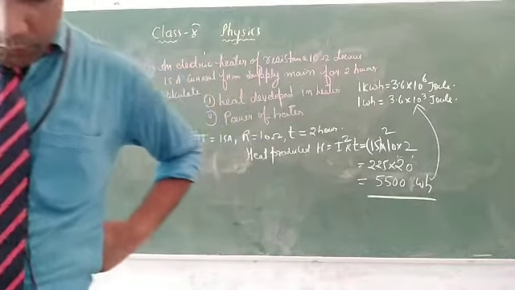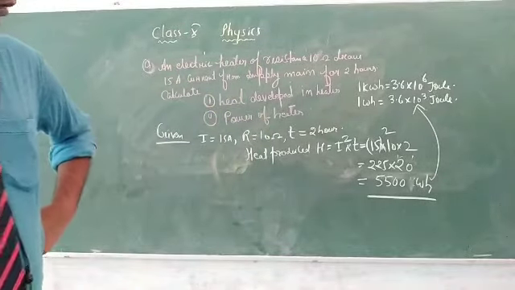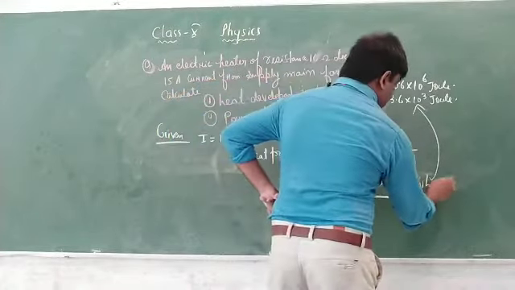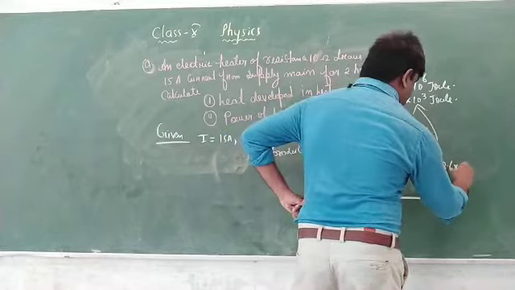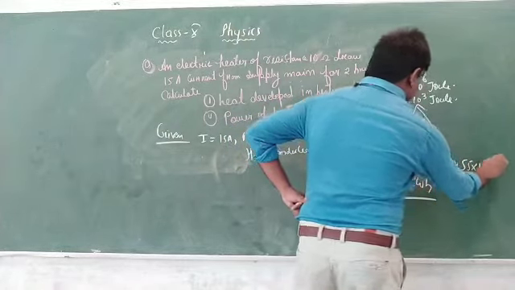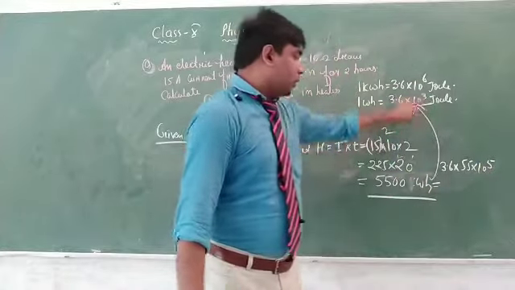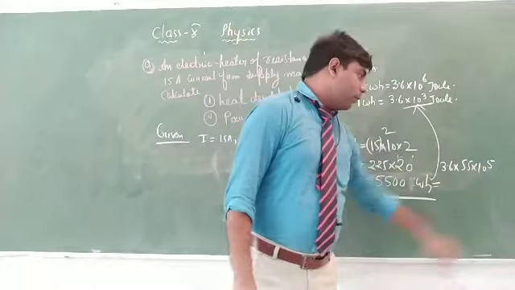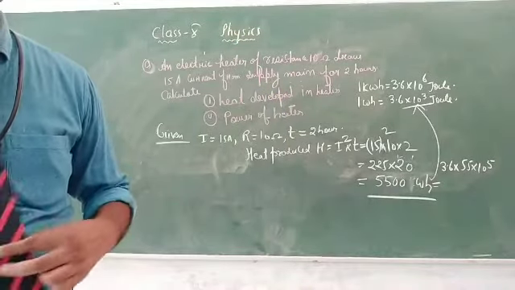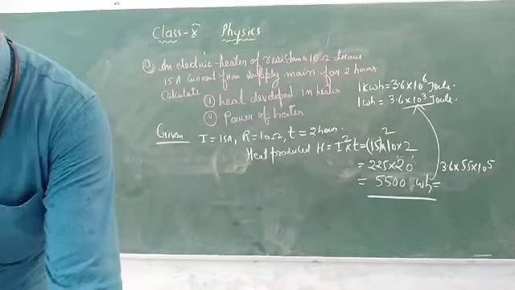So if you want to write in joule, then you have to multiply by 3.6. Just multiply by this 10 to the power 3, 10 to the power 2, it will be 10 to the power 5, 3.6 into 55, right?